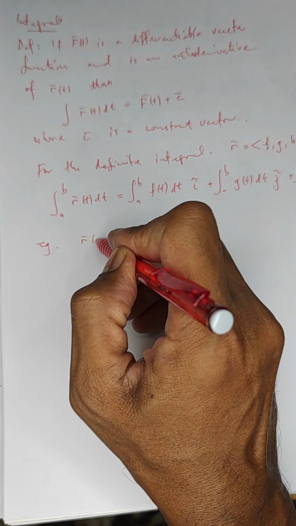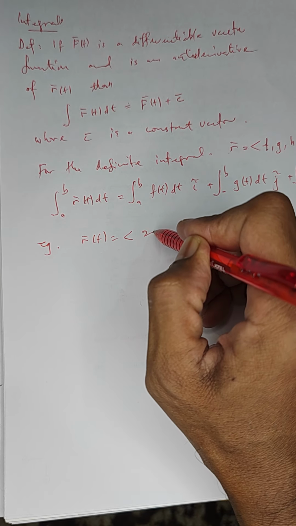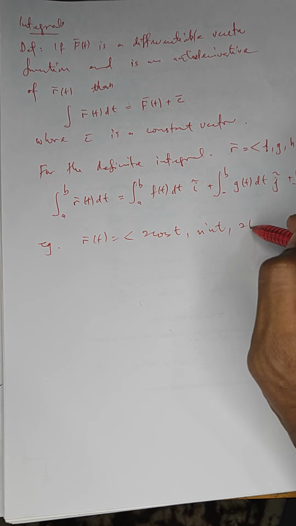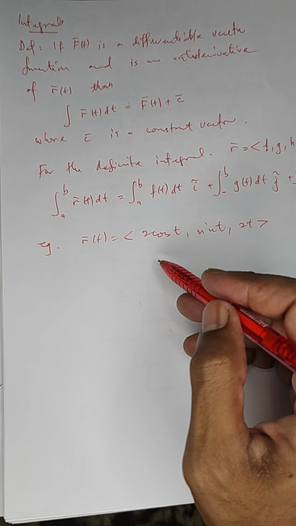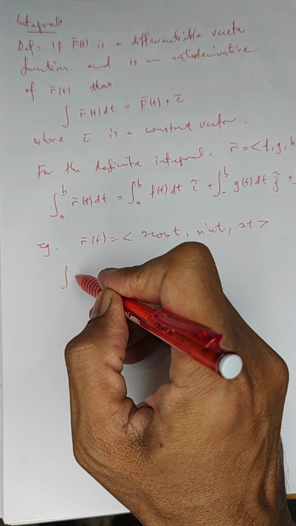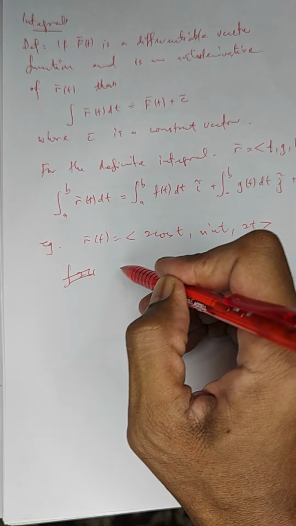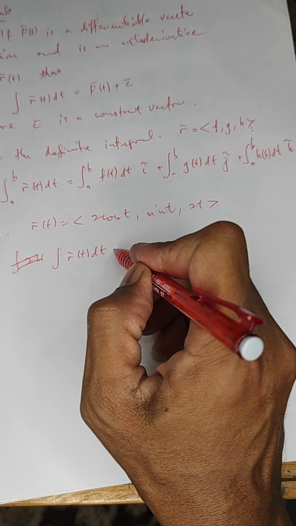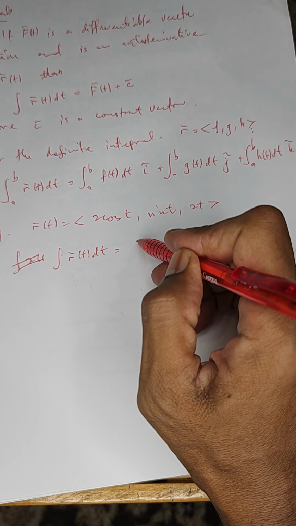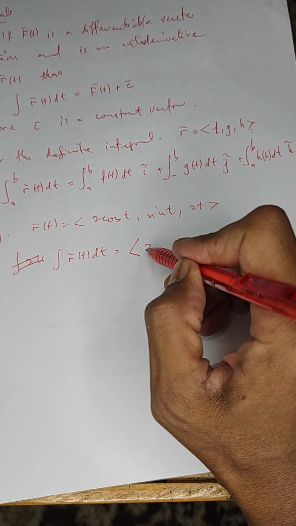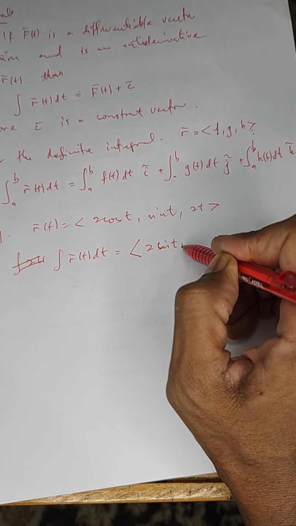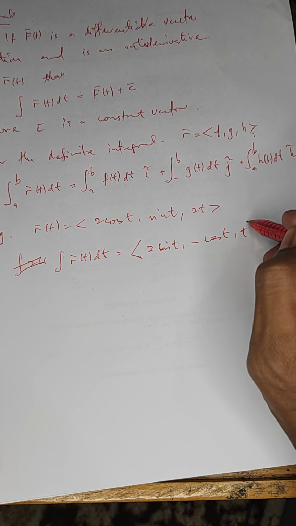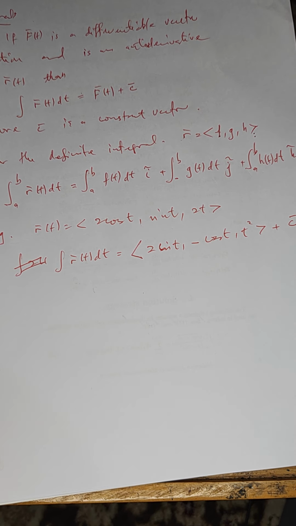Again, a simple example: if r(t) is given as 2 cos t, sin t, and 2t, then if you integrate r(t) dt, which means we integrate each of those elements with respect to t, we have 2 sin t, negative cos t, and t squared plus some constant vector c.